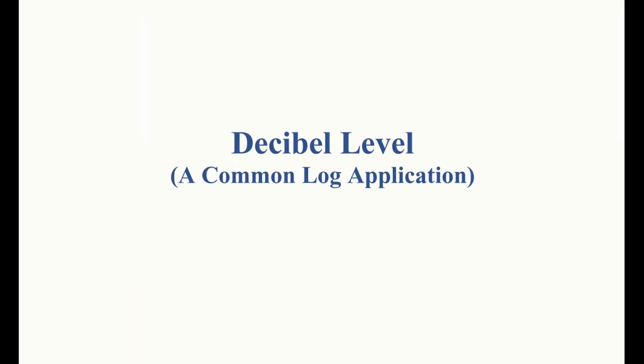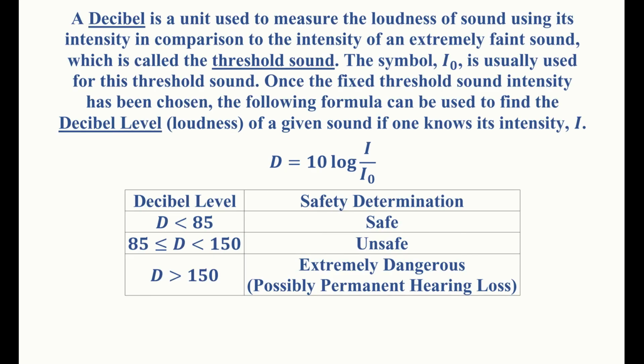Okay, another handy application of common logarithms is the decibel level. You may have heard of it. A decibel is a unit used to measure the loudness of sound. And in order to compute it, we need the intensity of a very faint base sound, which we choose.